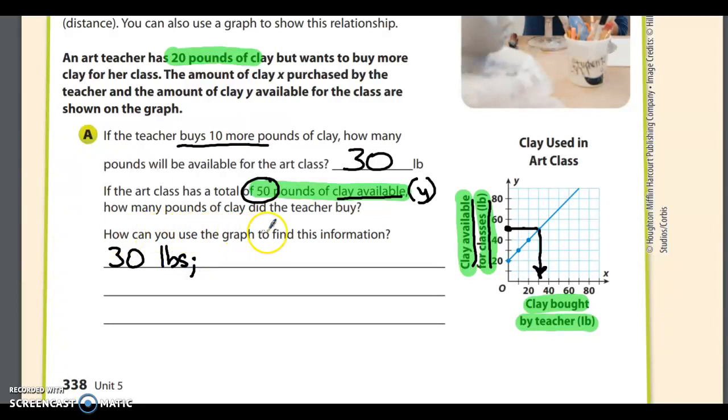And it says, how can you use the graph to find this information? What I did was, I said, find the point on the y-axis of 50 pounds.